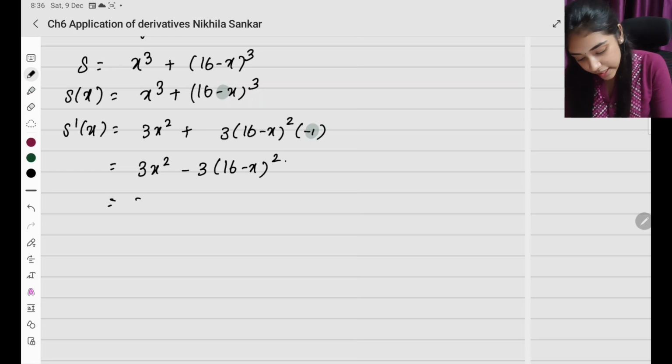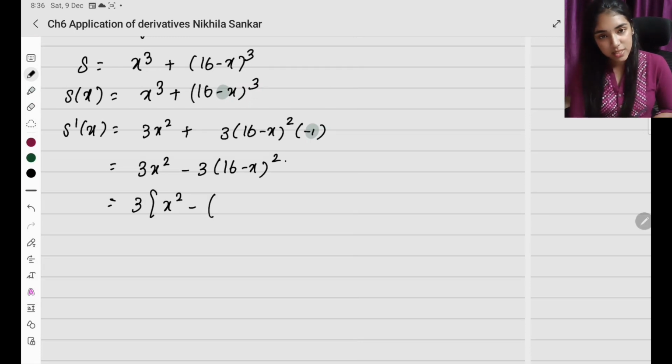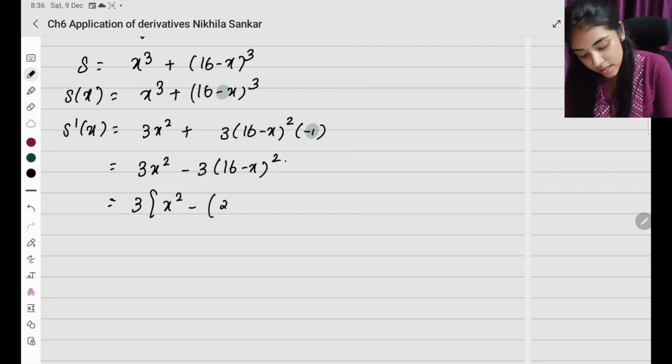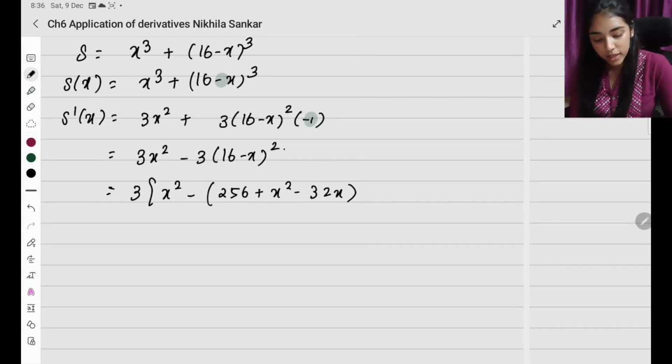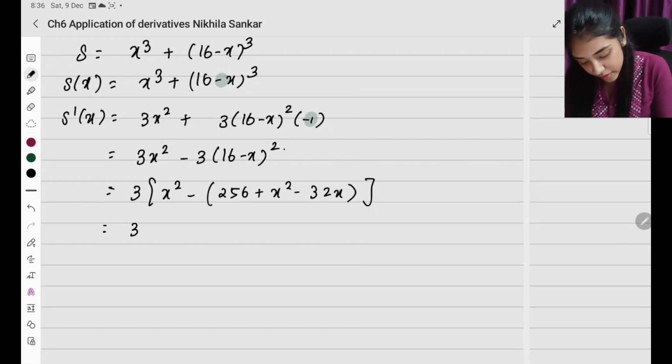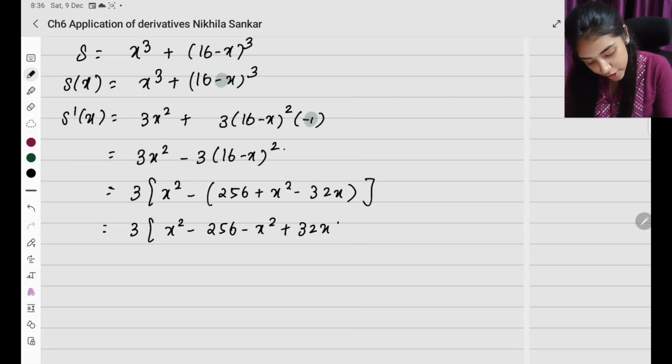When I take 3 outside, what is inside? x square minus 16 minus x the whole square. Opening, 16 16s are 256 plus x square minus 32x, the a minus b the whole square formula. So when I simplify, I have 3 times x square minus, opening the bracket, 256 minus x square plus 32x. I can cancel the x square and the x square.